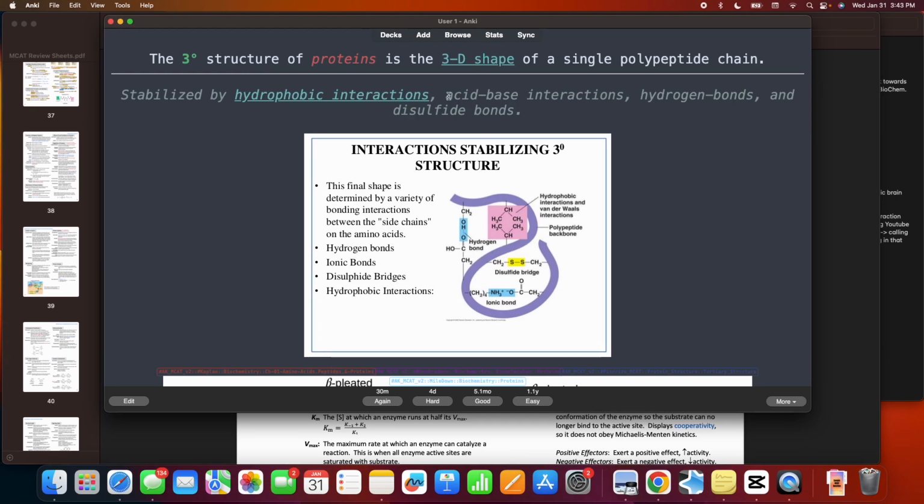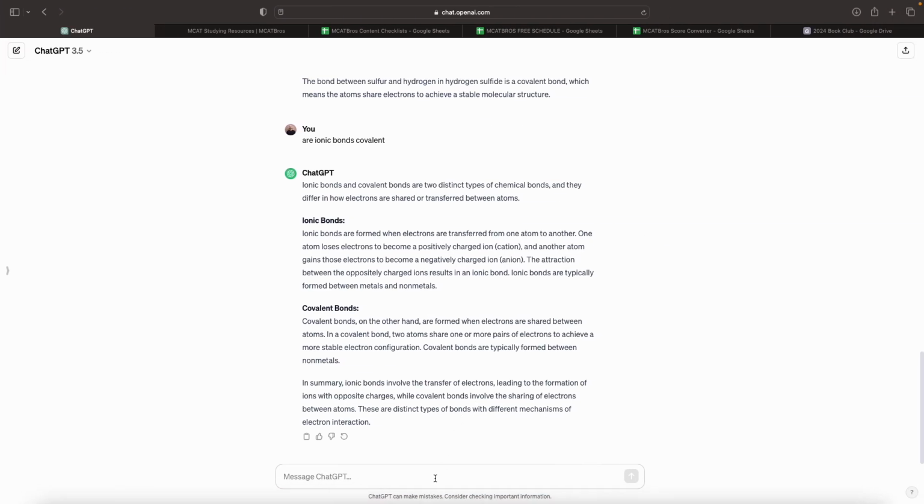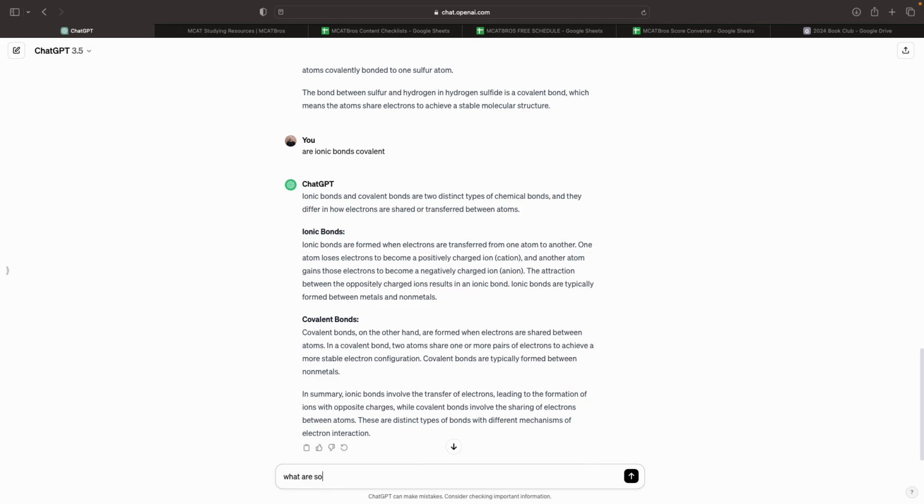So, what are acid-base interactions? What are some examples of acid-base interactions in tertiary proteins?